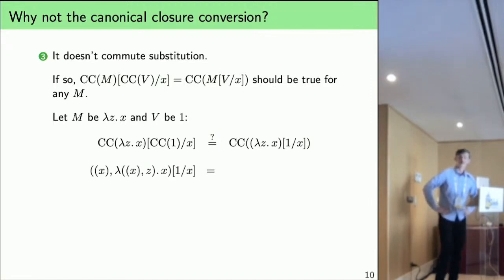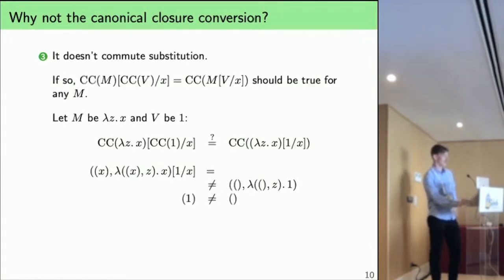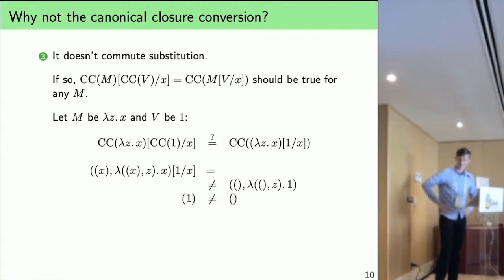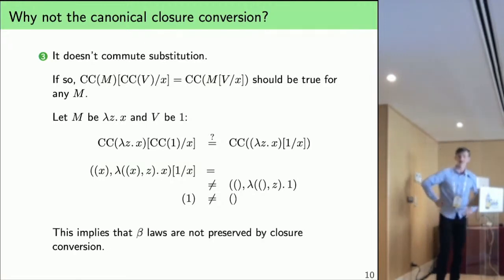Well, if we closure convert first, then we'll have x as a free variable in the closure. If we closure convert second, after doing substitution, substitution would eliminate x from the free variables. So we'd get a closure with an empty environment. And that is not true because the product with one thing in it is not equal to the product with nothing in it. And because it doesn't commute with substitution, beta laws are not preserved by closure conversion, or laws that involve substitution.